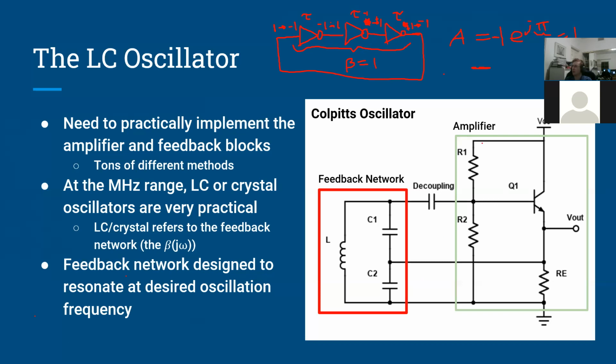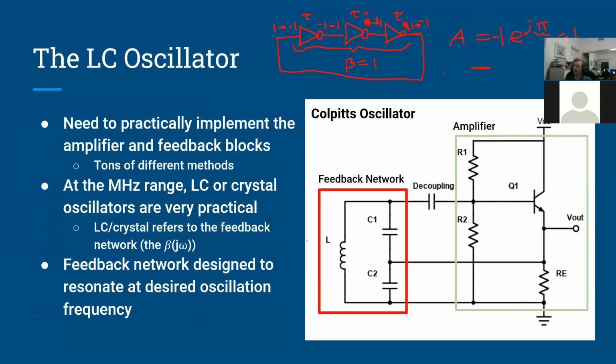Well, remember we need an amplifier and we need some feedback network, and that's what we have here. We have a common collector amplifier, which I described earlier in the lecture. So we have just a regular transistor biased by R1 and R2, and we have an emitter resistor, RE, and we're taking the output from the emitter.